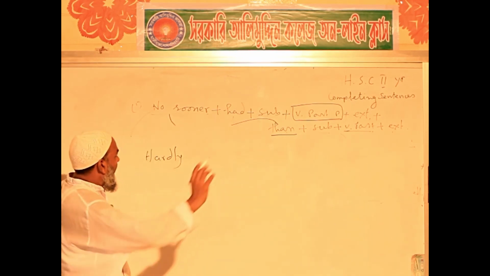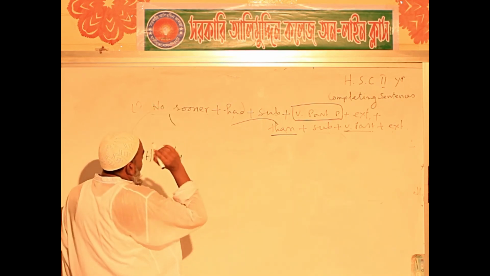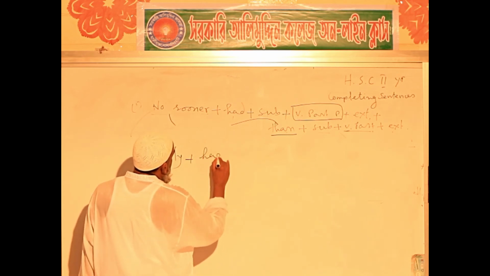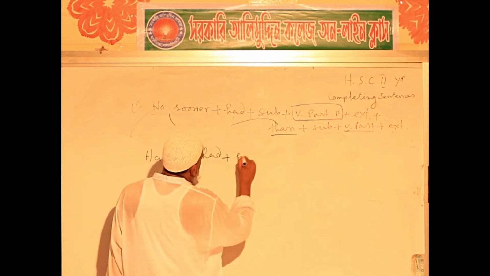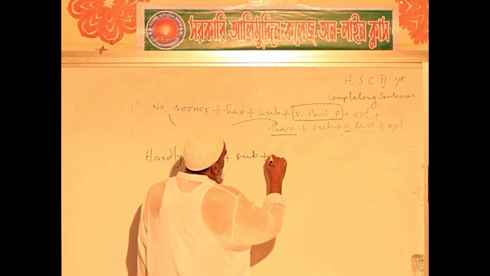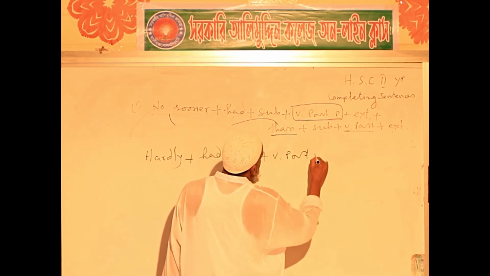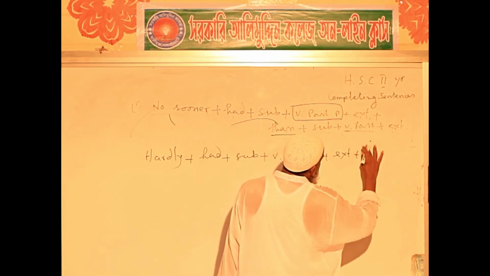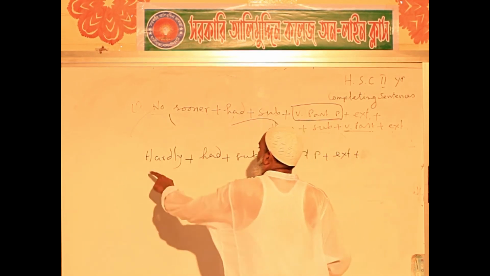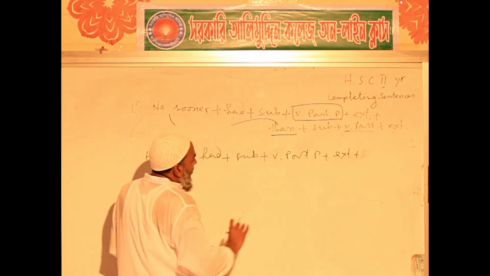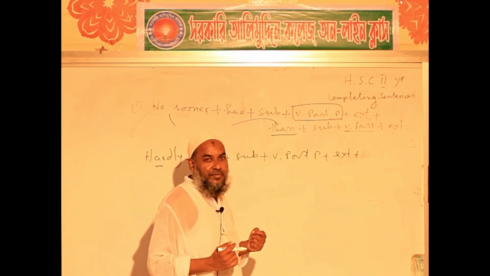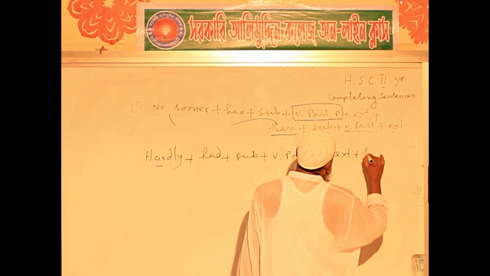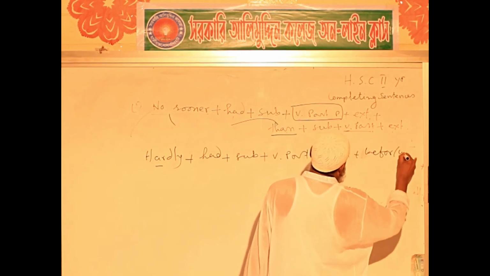In the same way, after hardly, he or she can also write had, and then subject, and then verb past participle, then extension as well. Then in place of then, in this case, because of hardly, he has to change the conjunction only.